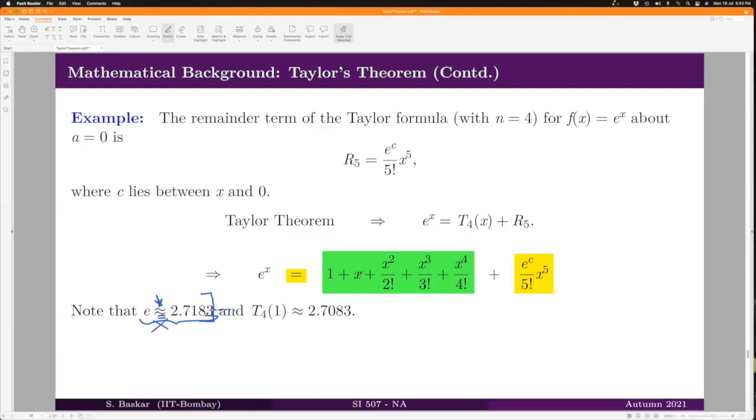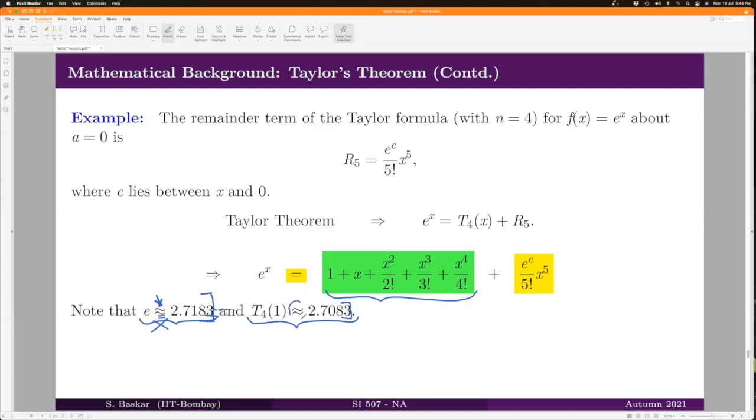You can just plug in x equal to 1 in this expression, and find the Taylor polynomial of degree 4, and its numerical value is approximately 2.7083. Why approximately? Because it may have more digits, but I have only represented it up to 4 decimal digits.